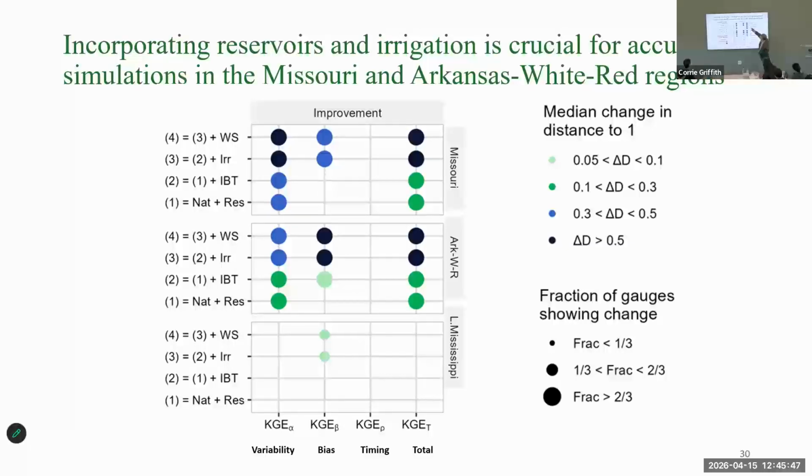So now let's look at the Missouri, right? So we find this blue color that basically shows a relatively high improvement. It's not the highest, but it's relatively high in terms of variability, KG variability, and the BELS. But if we add irrigation, then the improvement will be the largest.